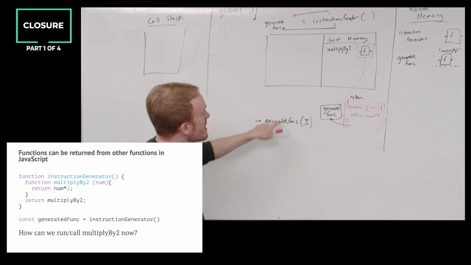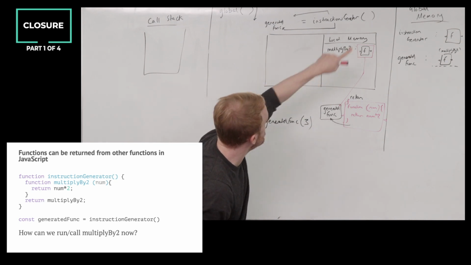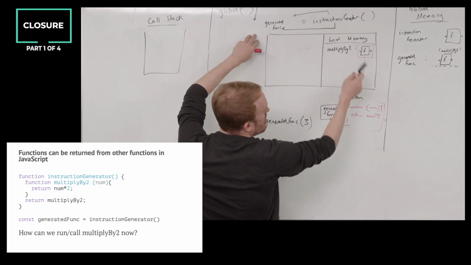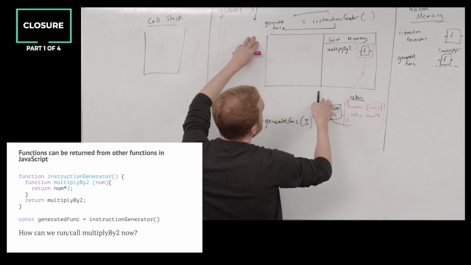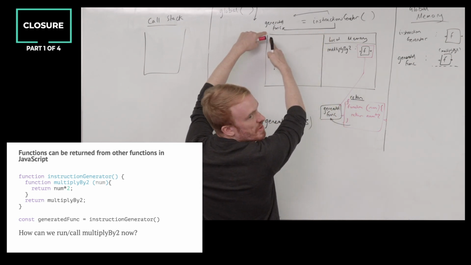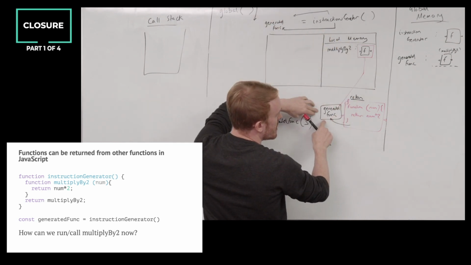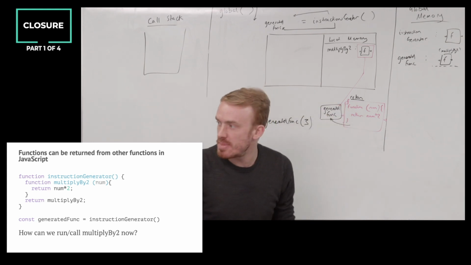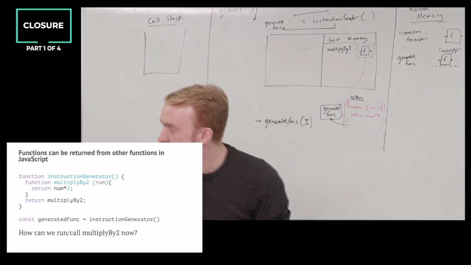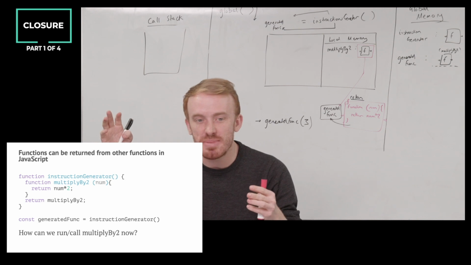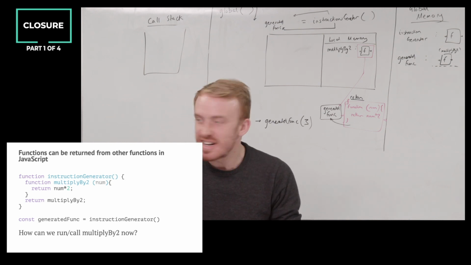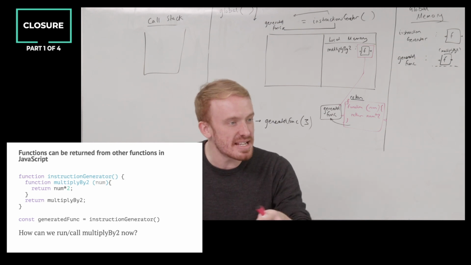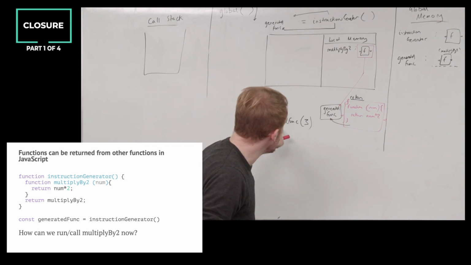Because generatedFunc is the functionality we defined inside of instructionGenerator called multiplyBy2, which we then returned out into the global variable generatedFunc. It happened to be a variable, but whatever functions can be stored under this label, and instantly generatedFunc can now behave as a function.